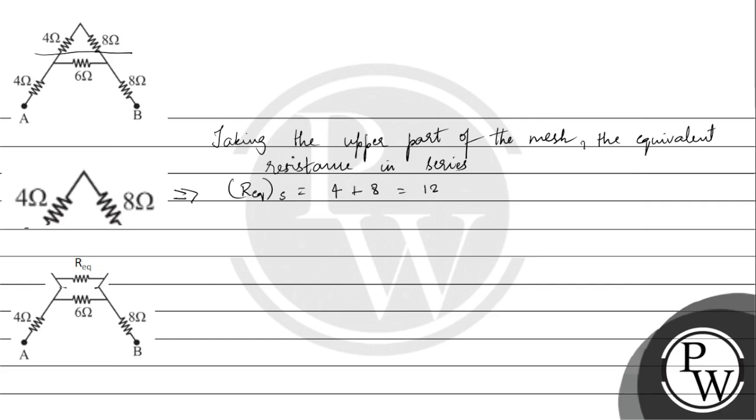Now that 12 ohms is parallel to the 6 ohms, अभी ये जो equivalent resistance from the series और ये 6 ohms है, this entire thing, this equivalence is in series with 4 ohms and 8 ohms again. तो यहाँ पे हम फिर से we can calculate the series resistance.